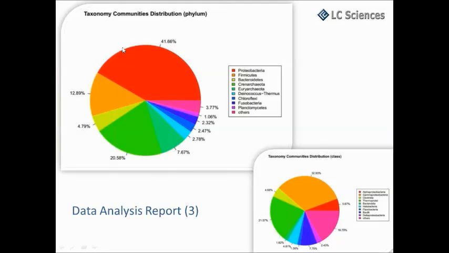So we know the distribution, we know the abundance for each phylum, and we also provide the pie chart based on the class, and also the pie chart for genus. So from these pie charts, we know the distribution of the microorganisms, and we know their abundance.